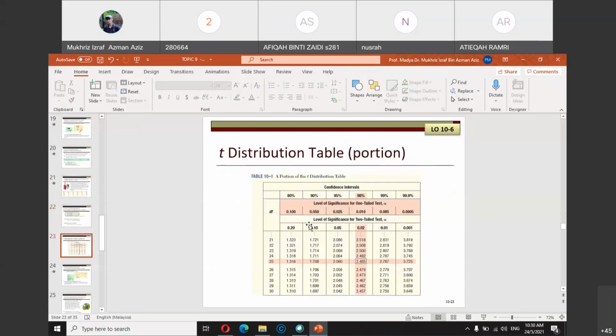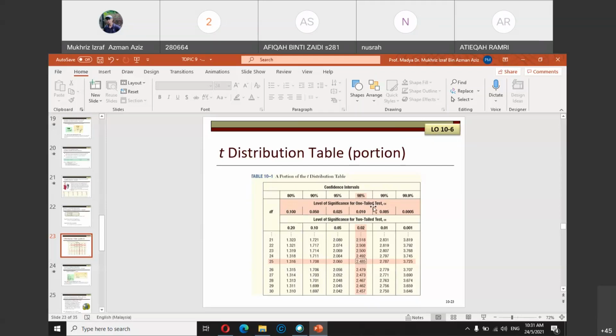If you look at the t table in your textbook, in your ebook, you used the t table before in the previous chapter. You will notice that in the t table there are 3 rows. The first row is the confidence interval value, the one that you used for chapter number 7, and the second and third rows are for hypothesis testing values.